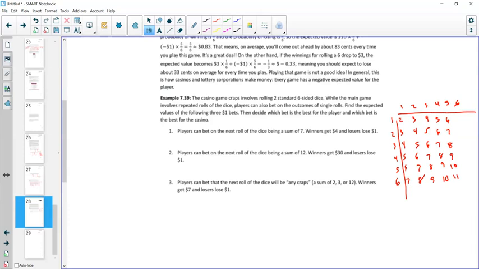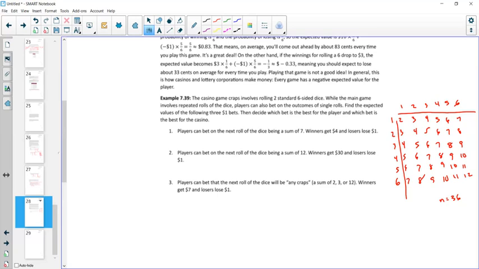It just seems easier to do this table than to think about it too hard. So these are our outcomes, and there are 36 possible outcomes. So players can bet on the next roll of the dice being a sum of 7. Winners get $4, losers lose $1.